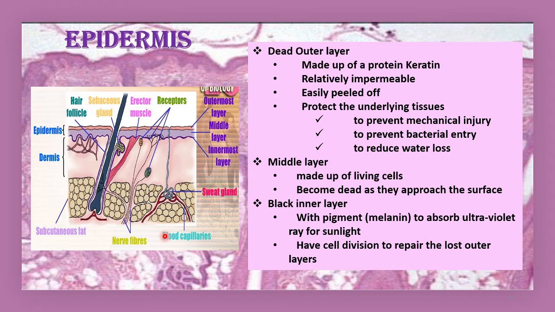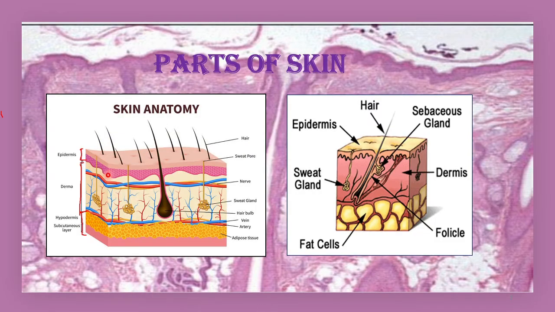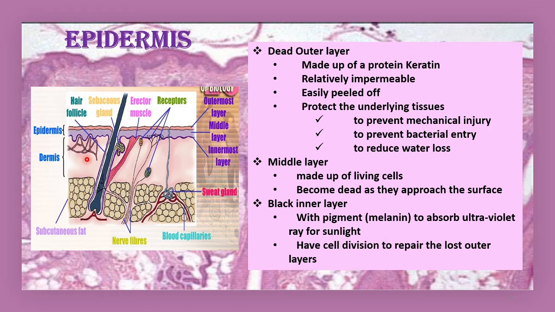You may call it the cuticle or scarf of the skin, and this layer is very thin. In the previous slide you can see that as compared to the dermis, this layer is very thin. Though it is thin, it is a very tough layer, and it is made up of keratinocyte cells.